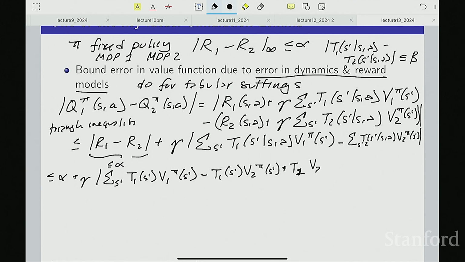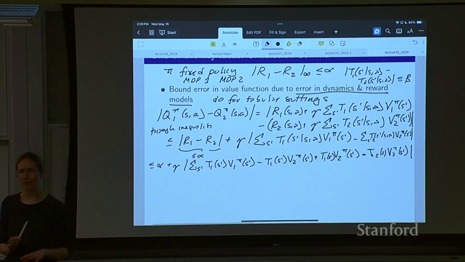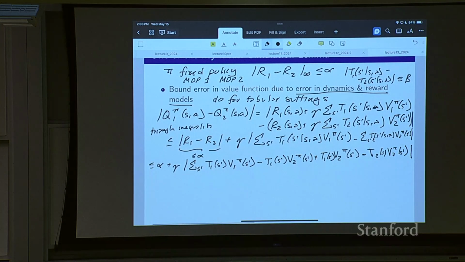Make sure that's clear. Okay, so I added a new term, that is kind of this intersection term, and I added and subtracted it. The reason that's helpful is now I can just think of terms where they only differ in the dynamics model or terms that they only differ in the value function.